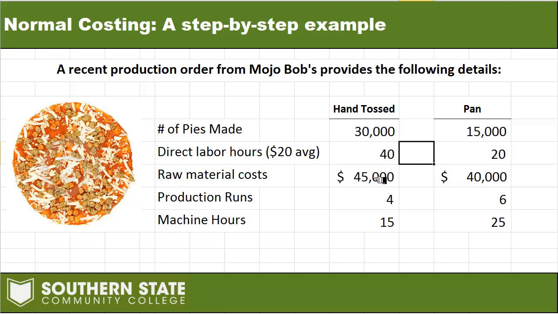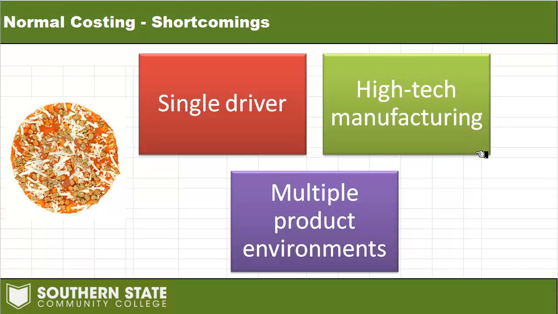So if we're only going to use one driver, it becomes hard to make sure that we're doing an accurate allocation of overhead. The second big shortcoming is the fact that we have a very high-tech manufacturing environment nowadays. In the old days, our manufacturing in the United States was very direct labor based, meaning you had a lot of people on an assembly line putting things together.